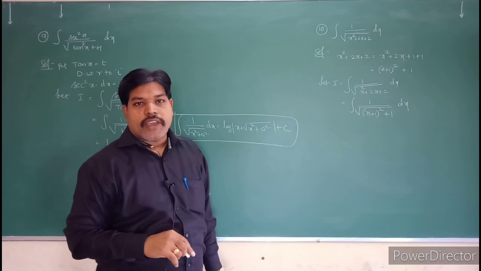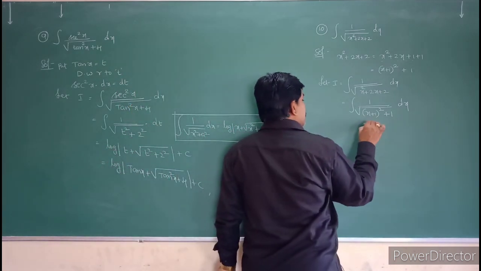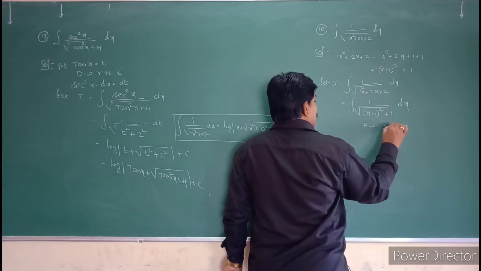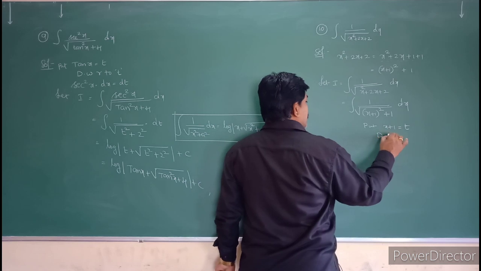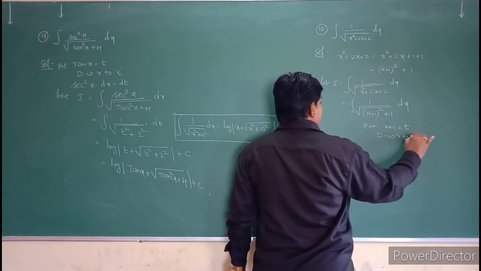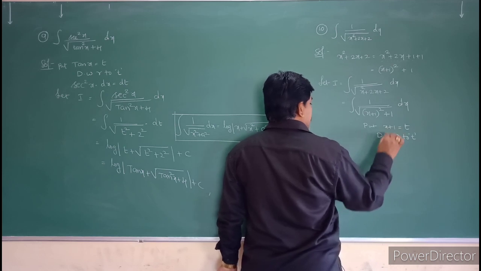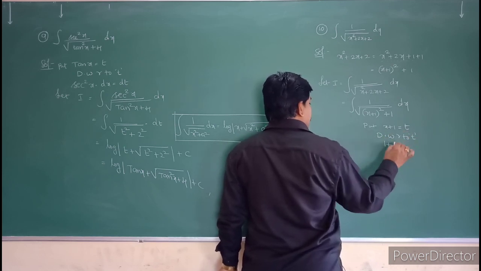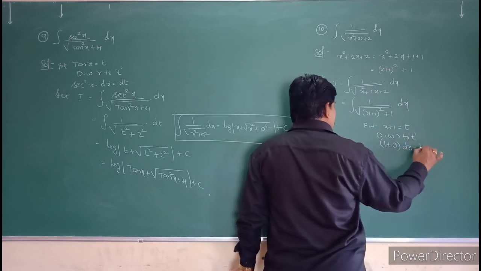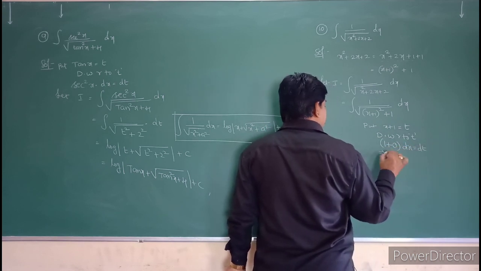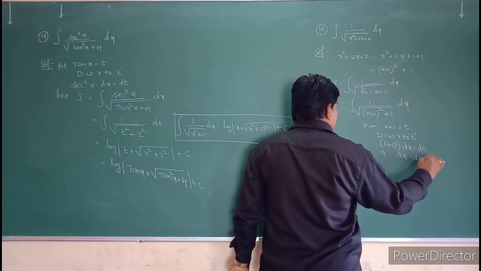Here I will put x plus 1 is equal to t. Differentiate with respect to t: the derivative of x is 1, plus derivative of 1 is 0, into dx is equal to dt. So dx is equal to dt.